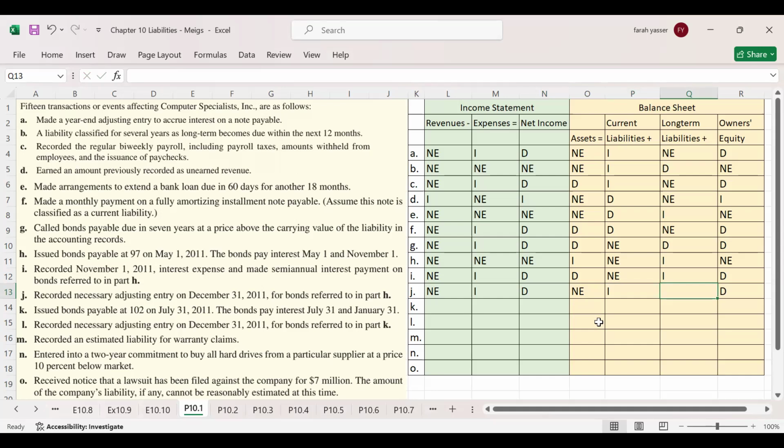The amortization of discount on bonds payable will be adjusted in expenses, or you can say this amortization of discount will increase the amount that is recognized in expense. So that's why this amortization of discount will be recorded on the credit side and will increase long-term liabilities. So this is the impact on it.